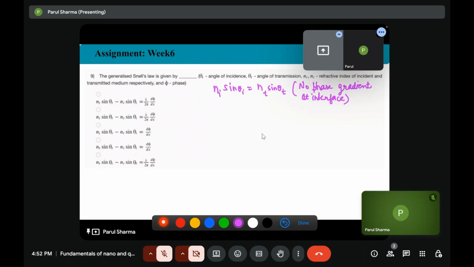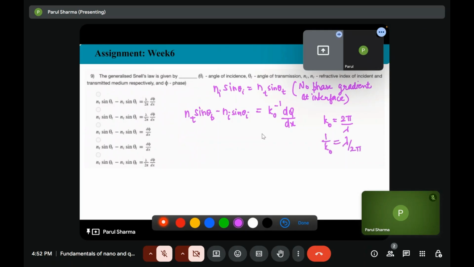In the lectures we saw that it will be Nt sin theta t minus Ni sin theta I equals k naught inverse d phi by dx. So k naught equals 2 pi by lambda, so 1 by k naught equals lambda by 2 pi.